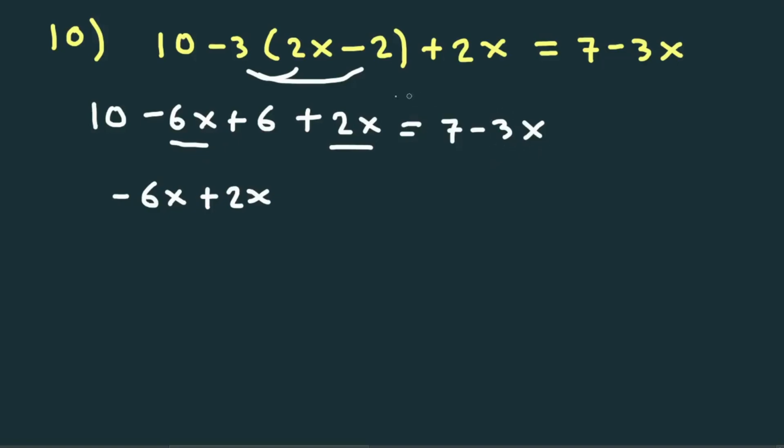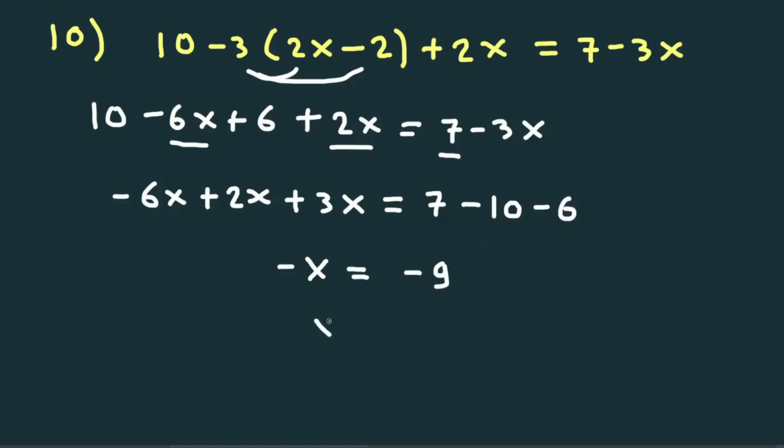And I bring the minus 3x to the left side, so it's going to be a plus 3x. Then on the right side I have 7, and I bring the 10 and the plus 6. So the 10 will be a minus 10, and the plus 6 will be a minus 6. So minus 6x plus 2x plus 3x is minus x. 7 minus 10 minus 6 is minus 9. So x equals 9.